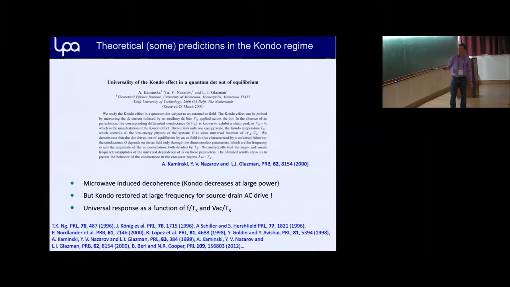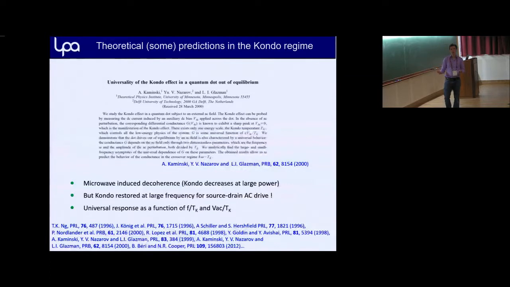And I have picked up a particularly illuminating paper by Kaminsky, Nazarov, and Glazman, which shows that although the problem is a priori complex, there is some universality behind it, related to the usual universality which one has in Kondo physics.